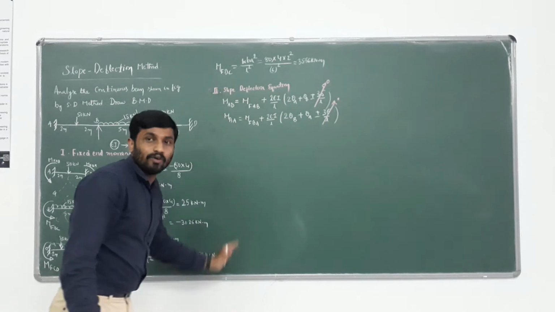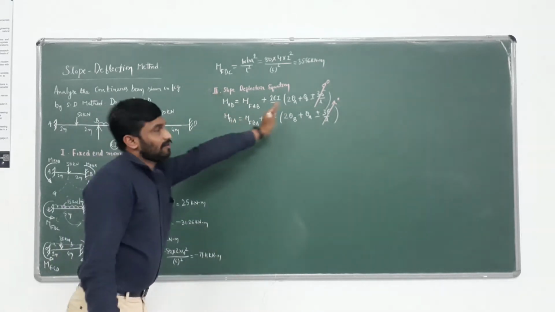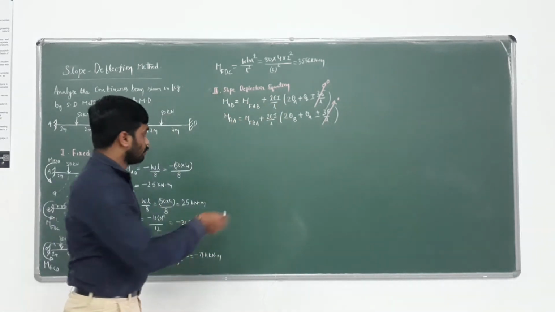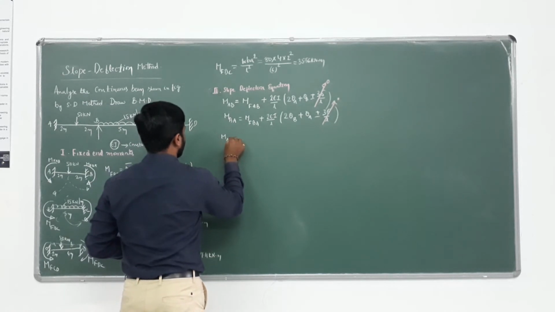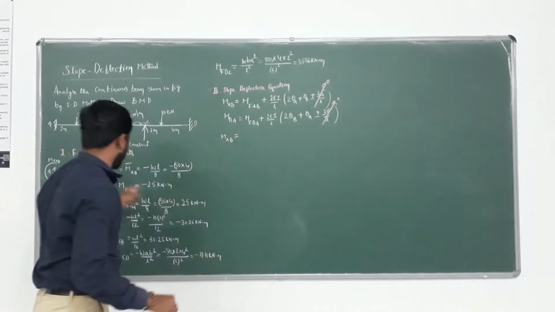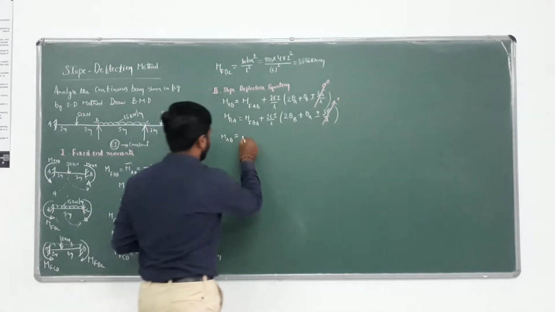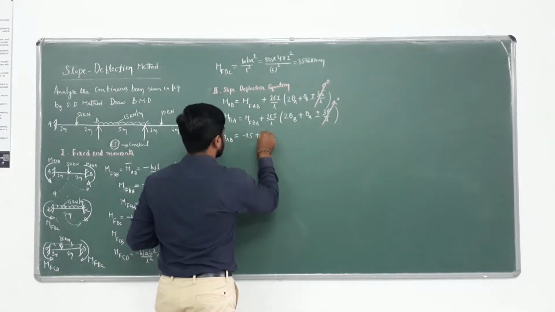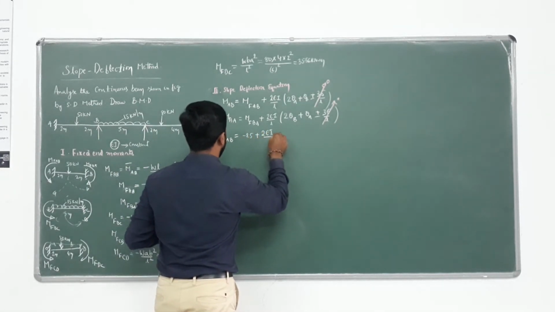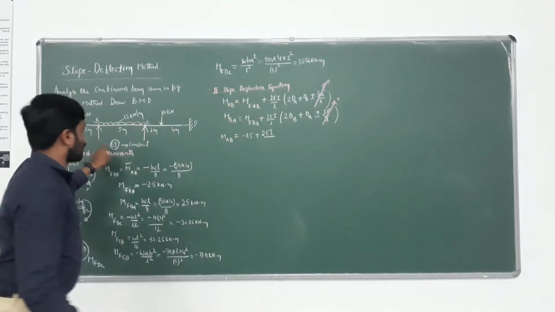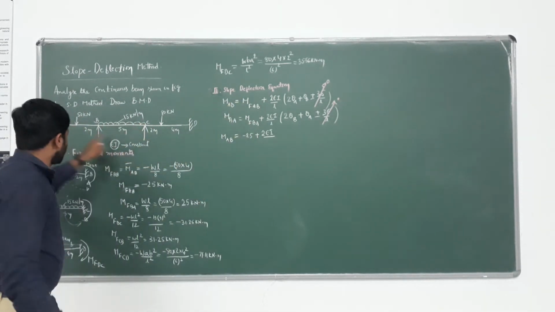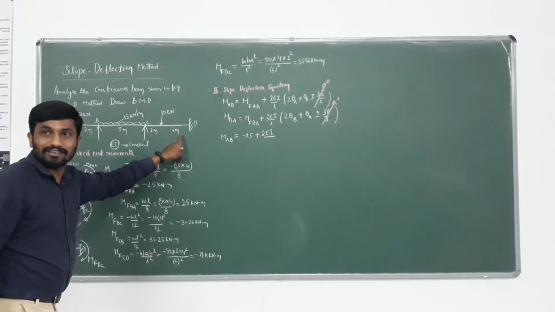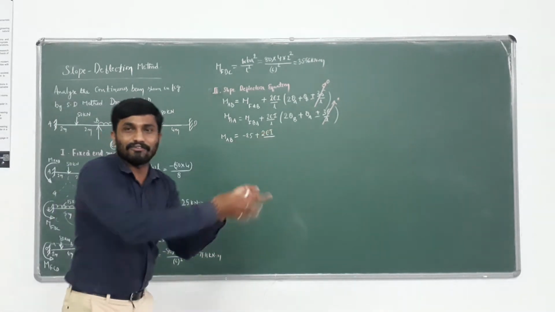Likewise, I am going to apply all the values. Now I am coming to MAB. MAB equals, what is the value of MFAB? Minus 25 plus 2EI. Here EI is constant. You can expect EI, 1.5 EI, 2 EI for different spans, then for each span the relevant EI we have to apply.